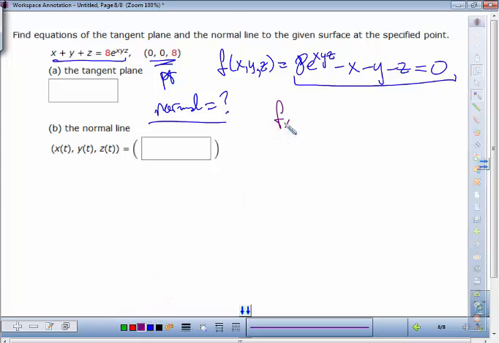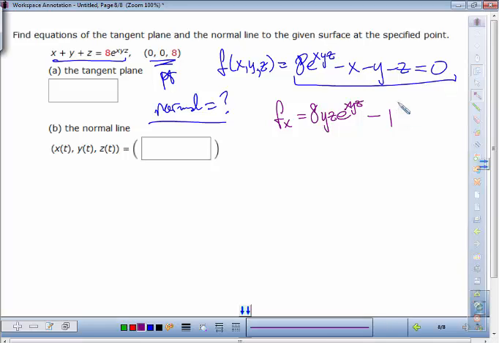So partial with respect to x, e to the xyz, the derivative of that is e to the xyz, and then you multiply it times the derivative of the power with respect to x, which is just yz. And then the derivative of negative x with respect to x is negative 1, and the other two are gone because they're constants with respect to x.